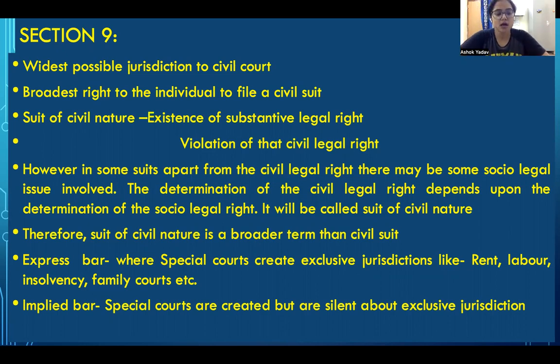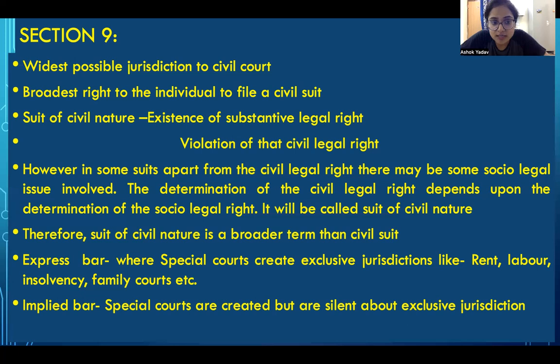So what you can understand is that when we talk about a civil suit, it is basically talking about all the civil rights and all the civil disputes which are there. But when we talk about a suit of civil nature, we are covering those civil rights and disputes, along with which some socio-legal aspects are also involved.